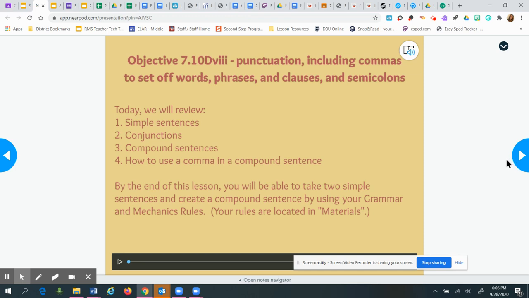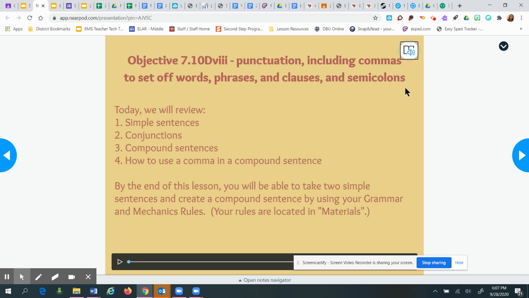Today we will review simple sentences, conjunctions, compound sentences, and how to use a comma in a compound sentence. By the end of this lesson, you are to be able to take two simple sentences and create a compound sentence using your grammar and mechanics rules, and those are located in your materials section of Google Classroom.